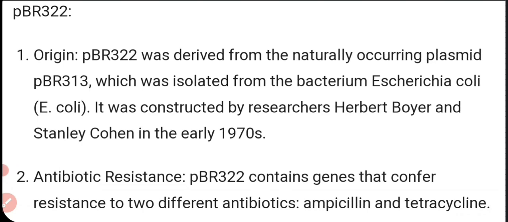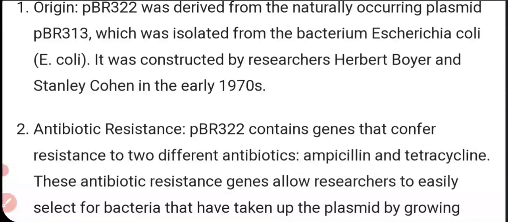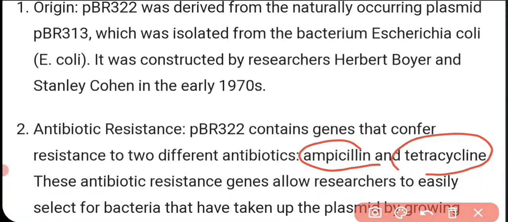What are those antibiotic resistance genes? Ampicillin and tetracycline. If this vector is taken up by a bacteria, then that bacteria becomes resistant to the ampicillin and tetracycline antibiotics.